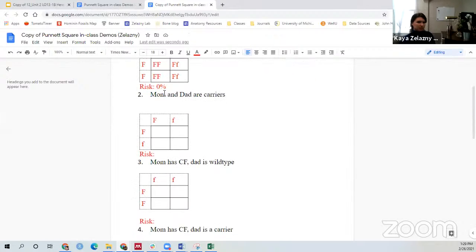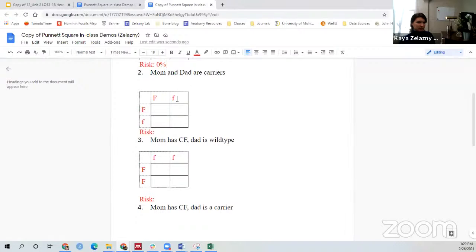So we can compare this to if we have both parents as carriers, right? Here we split them up, dominant allele, recessive allele for one parent, dominant allele, recessive allele for the other parent. We're going to get capital F, lowercase f, capital F, lowercase f, and lowercase f, right?